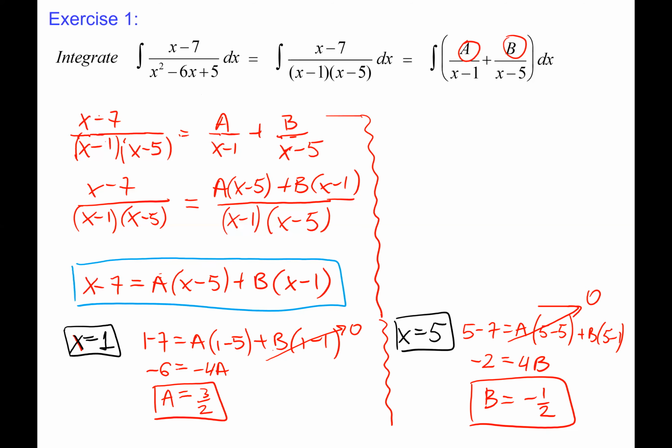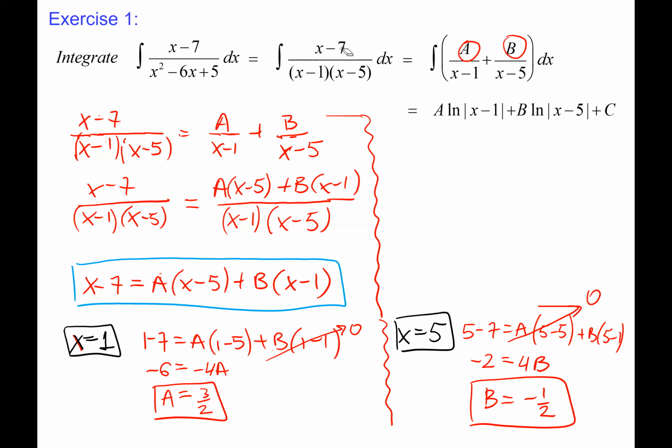Can you tell me why I pick 1 and 5? Do you see some consistency? Because they will always cancel out one of the coefficients A or B. They are simply zeros of the denominator, the roots of this equation.